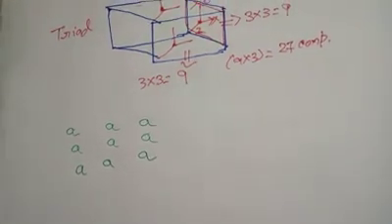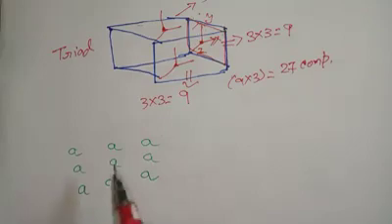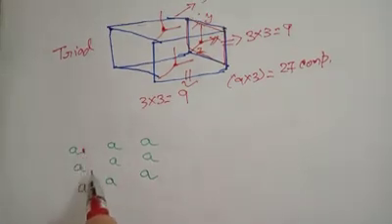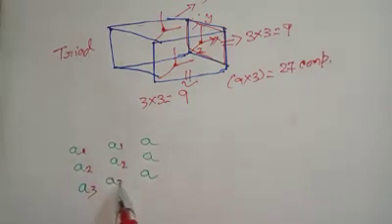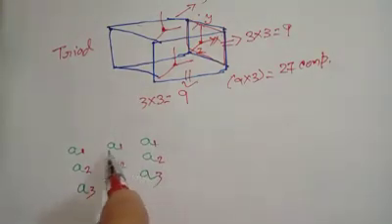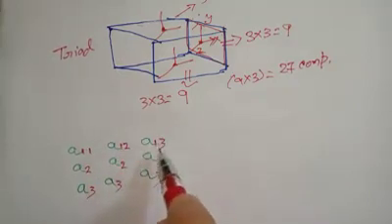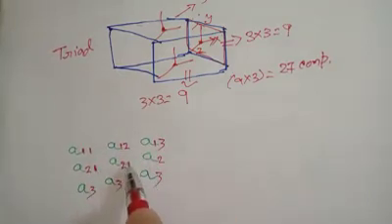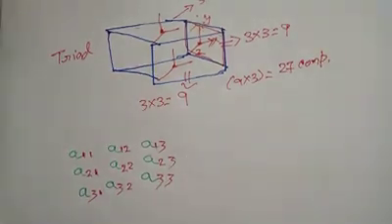So let us first complete this component. Let me use a different color. We will write 1, 2, 3, 1, 2, 3, 1, 2, 3. Then we will come to the next indices, which is 1, 2, 3, 1, 2, 3, and then 1, 2, and 3, right?